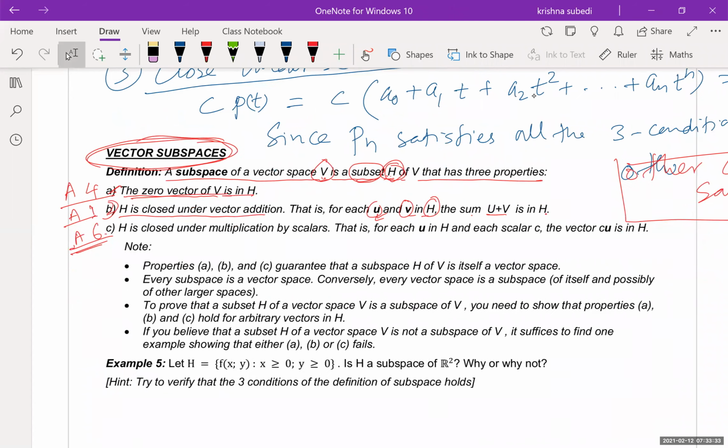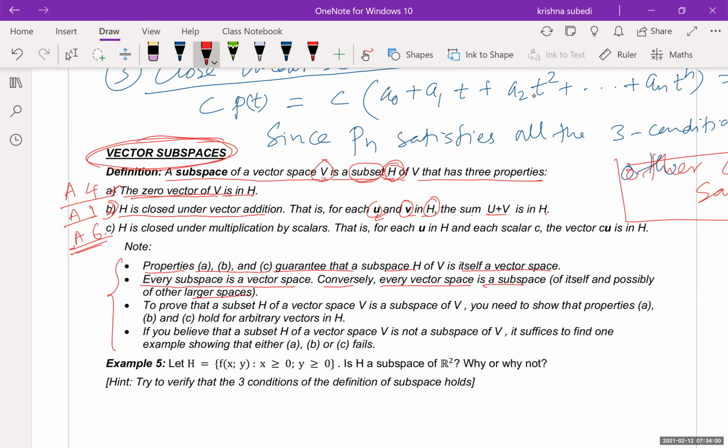Here are some notes. I think you may want to read. Properties A, B, and C guarantee that a subspace H of V is itself a vector space. Every subspace is a vector space. Conversely, every vector space is a subspace of itself and possibly of other larger spaces.